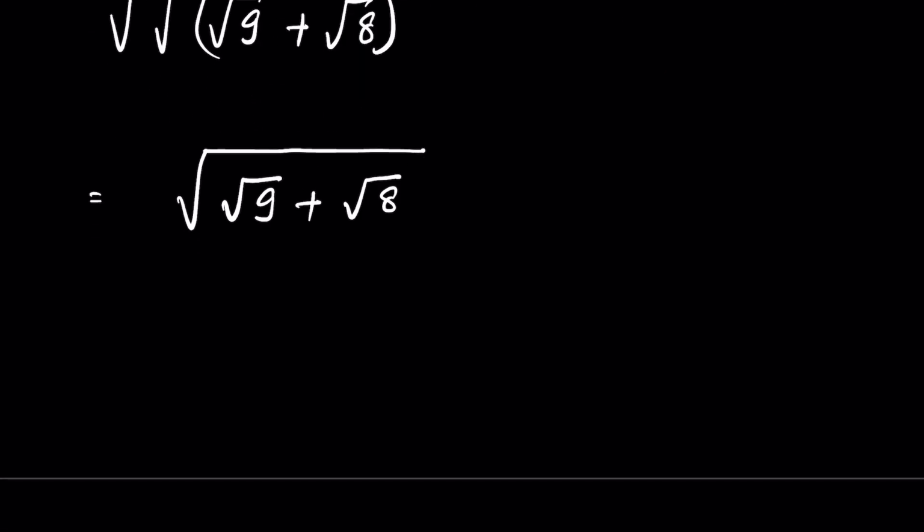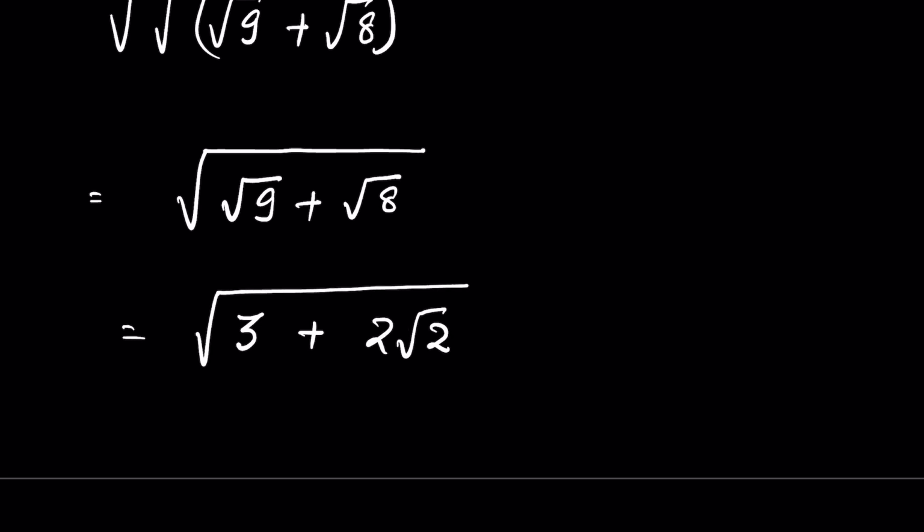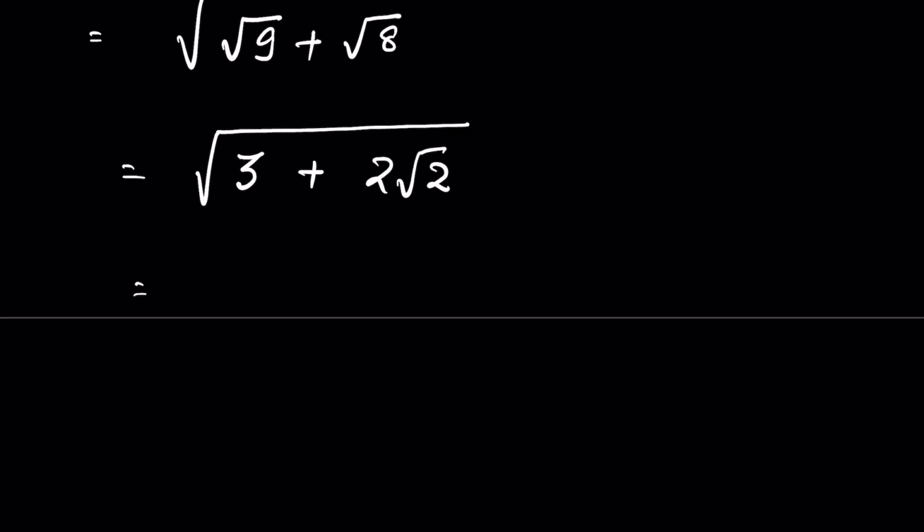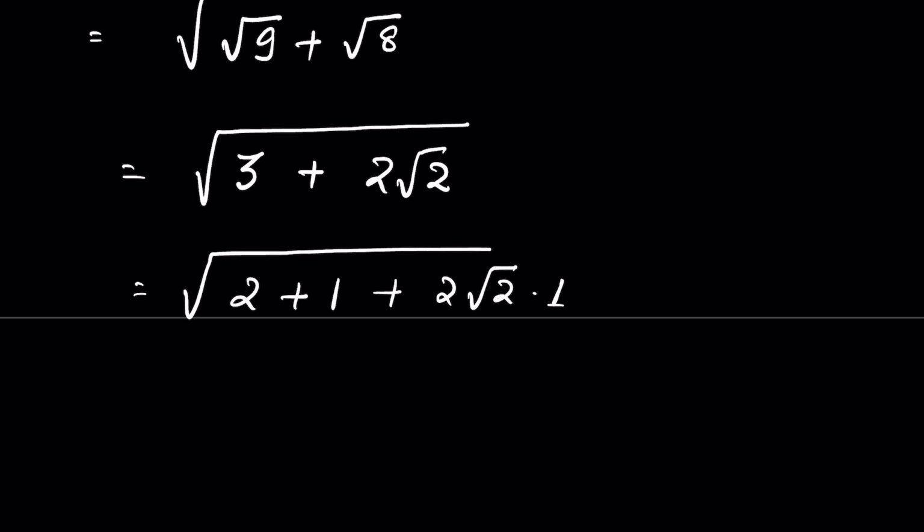Now the square root of 9 is 3, plus the square root of 8 is 2 times the square root of 2, then under the square root. Now 3 we can write as 2 plus 1, plus 2 times the square root of 2. We can write times 1 here, and there is no difference, then under the square root.